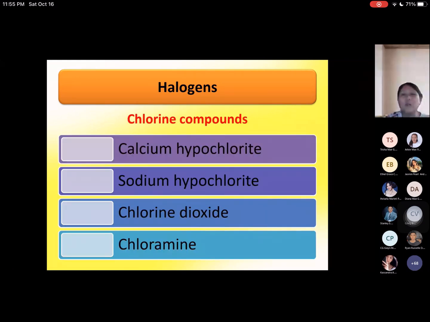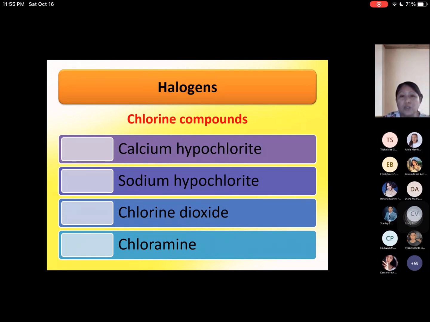For the chlorine compounds, we have the following examples. When you say chlorine compounds, it has chlorine in it. We have calcium hypochlorite, sodium hypochlorite, chlorine dioxide, and chloramine. Calcium hypochlorite is used to disinfect dairy equipment and restaurant eating utensils.